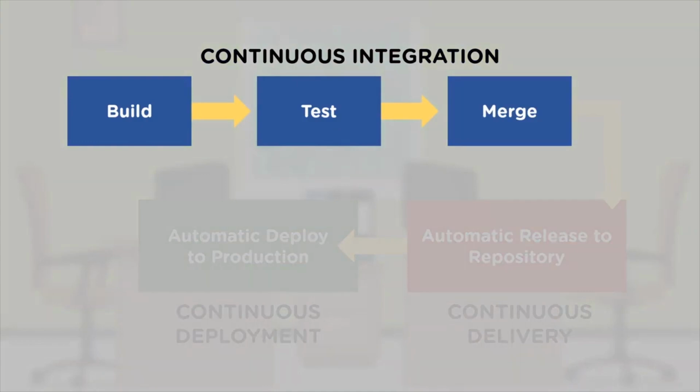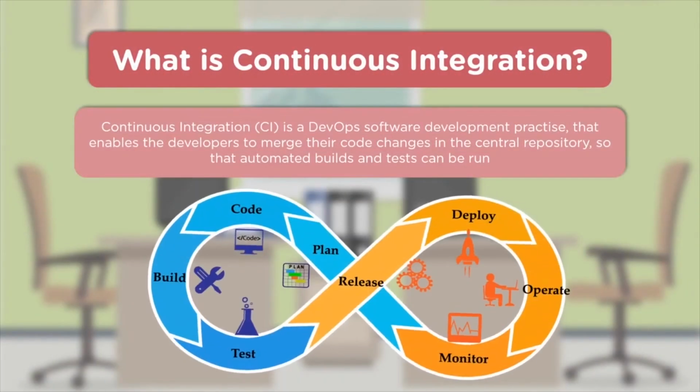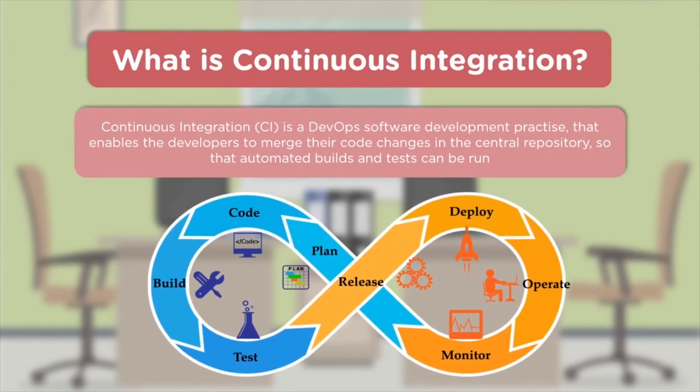Now continuous integration: build, test, merge, these are the different steps we do. Continuous integration is a development process used by most development teams nowadays, that enables developers to merge their source code changes and modifications from their local systems to a centralized repository, so that with the help of CI tools, we can have build automation and test case automation.